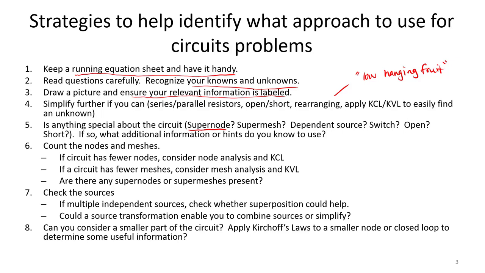Or if we have a current source that is shared between two meshes, maybe a supermesh would help us simplify. Dependent sources, switches, opens, shorts, these can also provide us useful information and hints about where we might want to start with that problem. And so definitely watch for those special cases and see if they can help you simplify your questions.